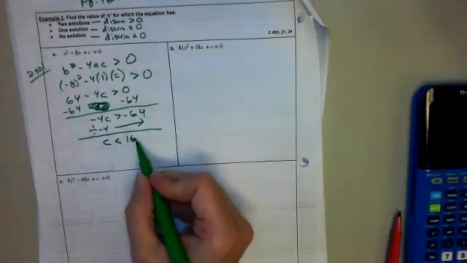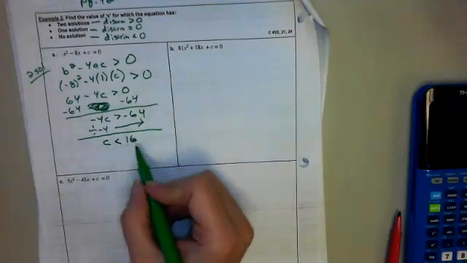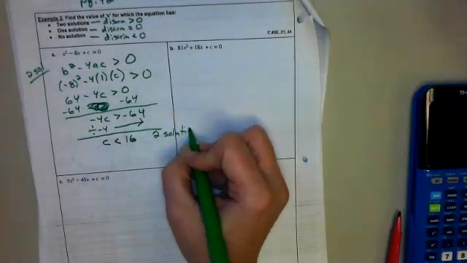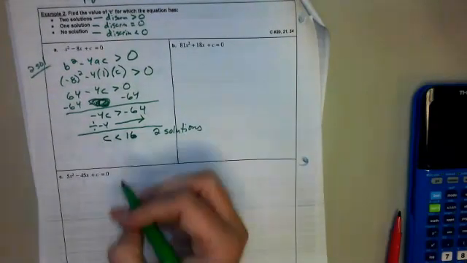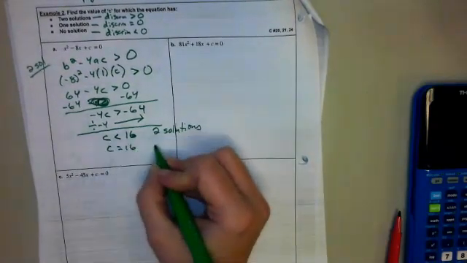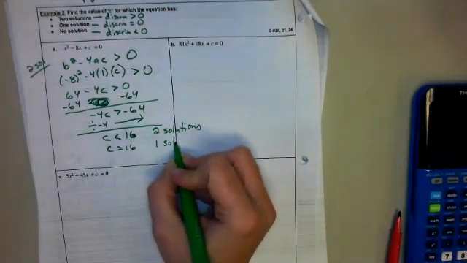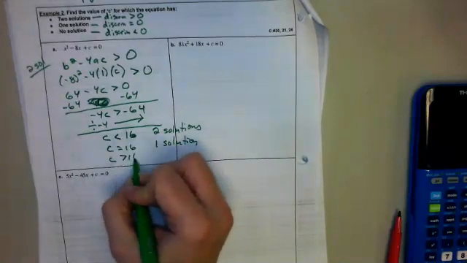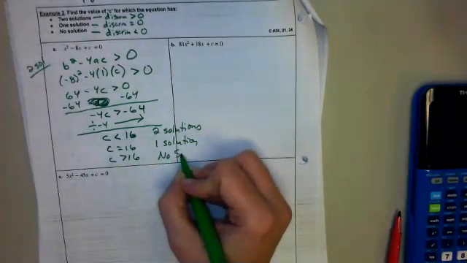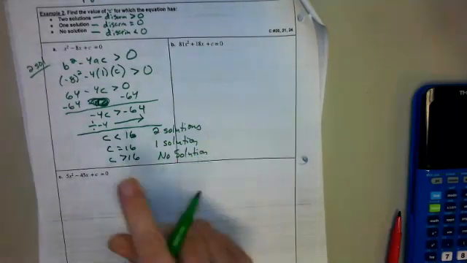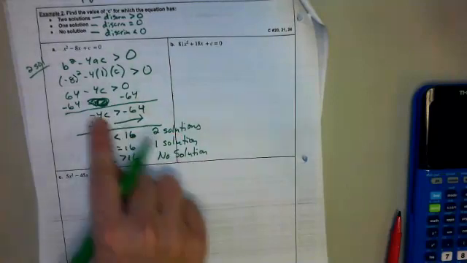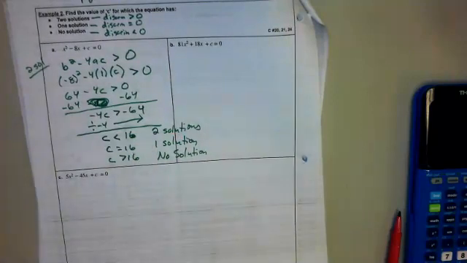So what that tells us is that c has to be less than 16 for 2 solutions, okay? If c equals 16, we're going to have 1 solution, okay? And if c is greater than 16, we're going to have no solutions, okay? Because that's our mark. Where it's less than, it's 2. When it's greater than, it's no solution, okay? That's how you do these kinds of problems.